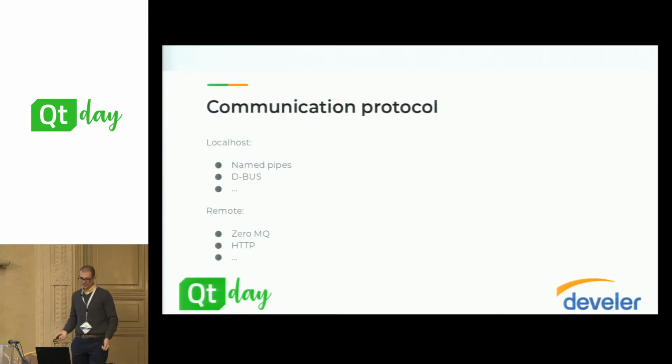So let's review communication protocols. There are many options available. For example, on localhost, you can have named pipes, you can have D-Bus, or shared memory, for example, and much more. And if you are remote, you can use, for example, ZeroMQ, HTTP.